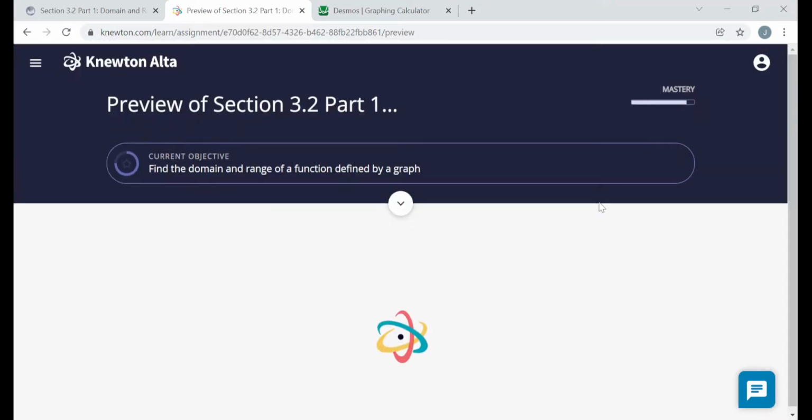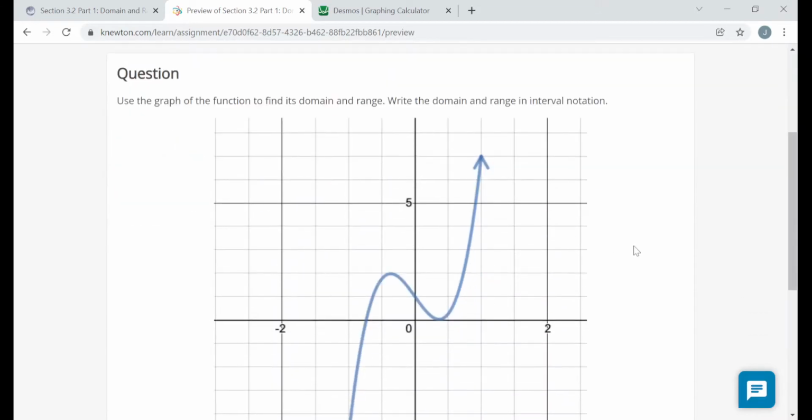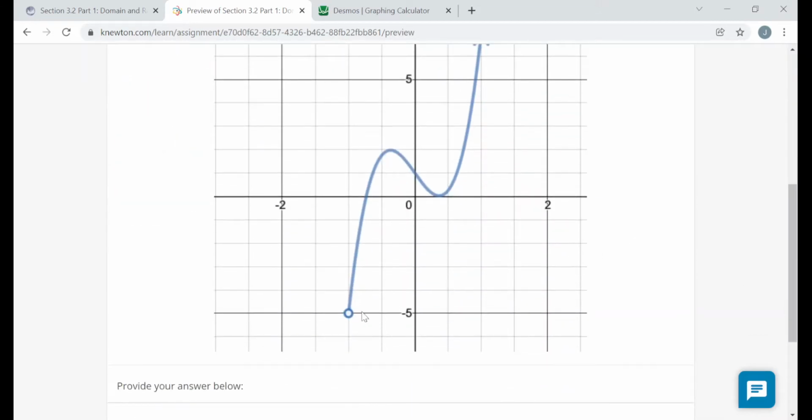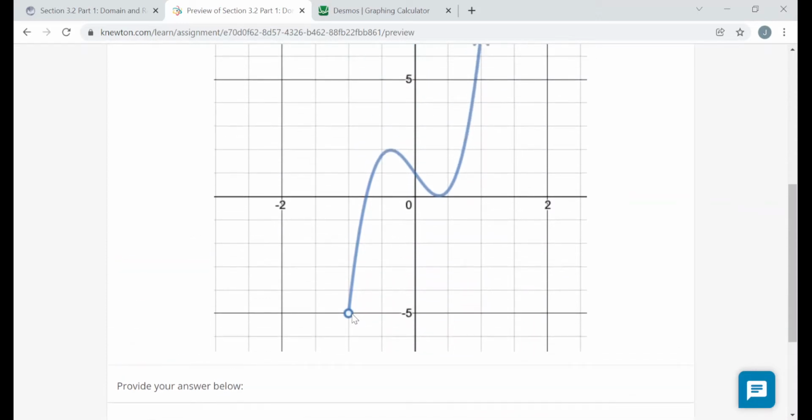And then one final question like this. Now you see the open point there. So remember, open point means it's not there. So looking at the x-axis, this starts at -1, but it's not actually there, so I'll put a parentheses on -1, and then it goes to the right forever.